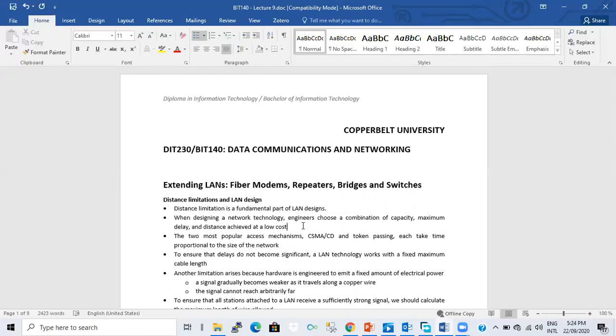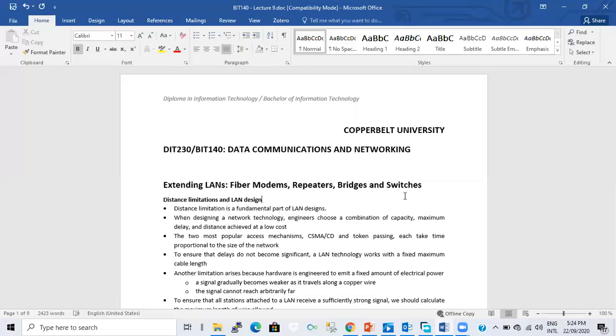There is need of extending that local area network. And part of the things that I use to extend local area networks, we have fiber modems, we have repeaters, we have bridges, as well as switches. So in as much as this cable can only give us good network connectivity up to 100 meters, for example for UTP, you can still extend.